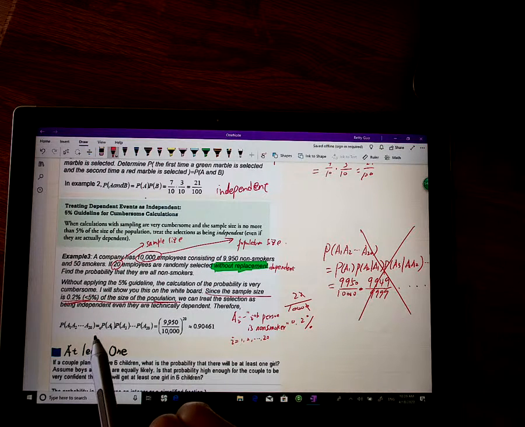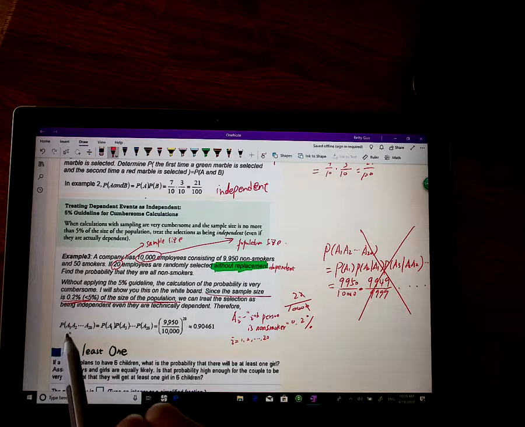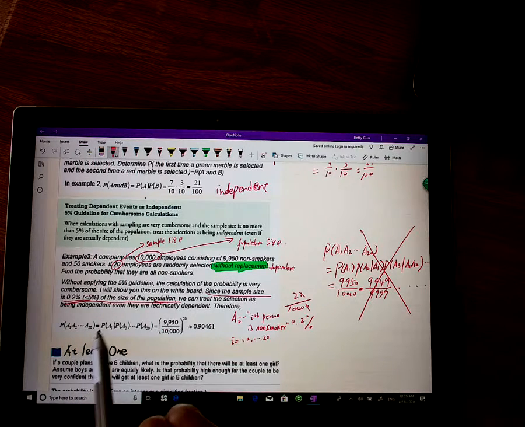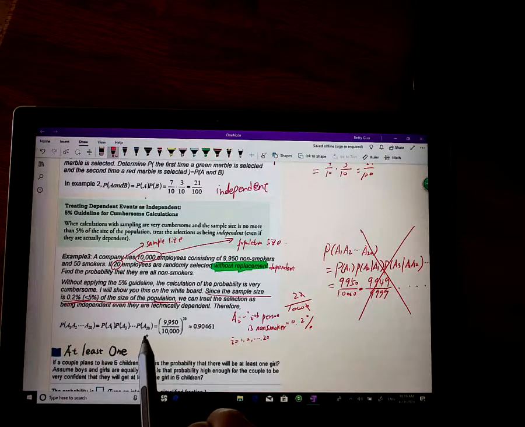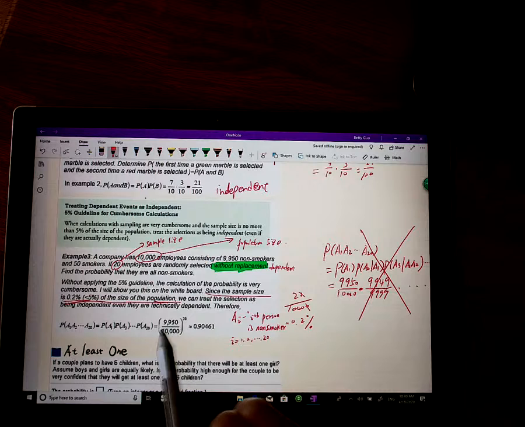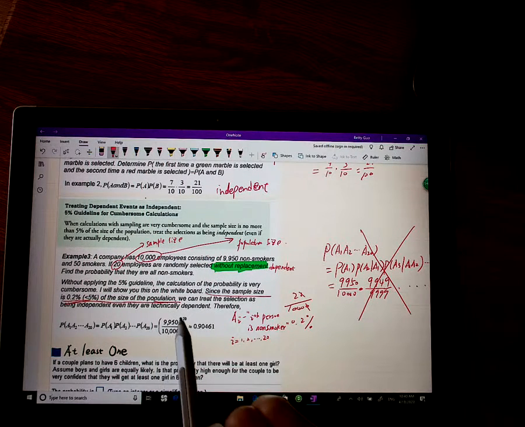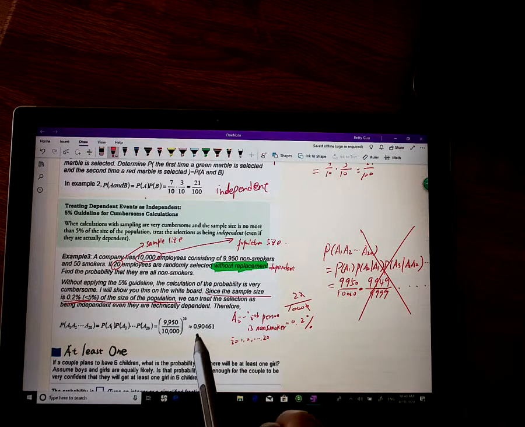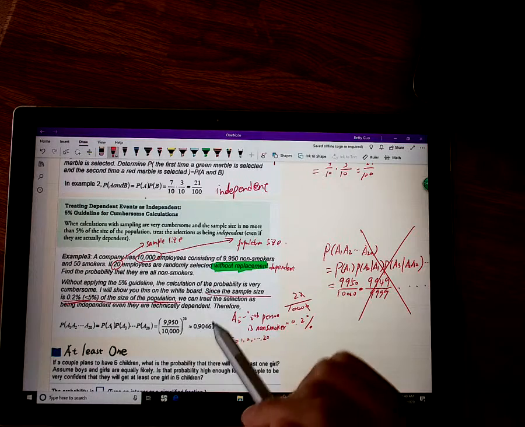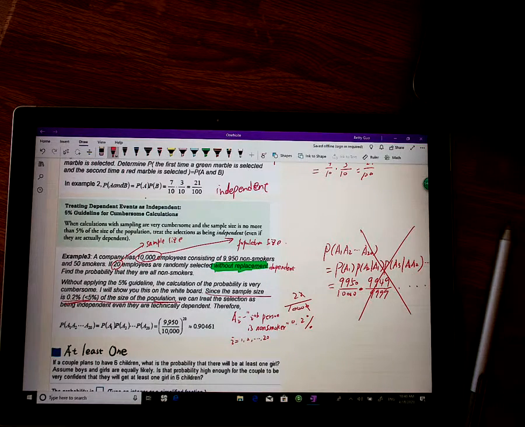Then the multiplication formula would be P of A1 and A2 and so on and A20 equals P of A1 times P of A2 times and so on times P of A20, right? And each of them equals 9950 over 10,000. So that gives us the 20th power of 9950 over 10,000, which is about equal to 0.90461. That is the 5% guideline. Very important in reality, in the application.